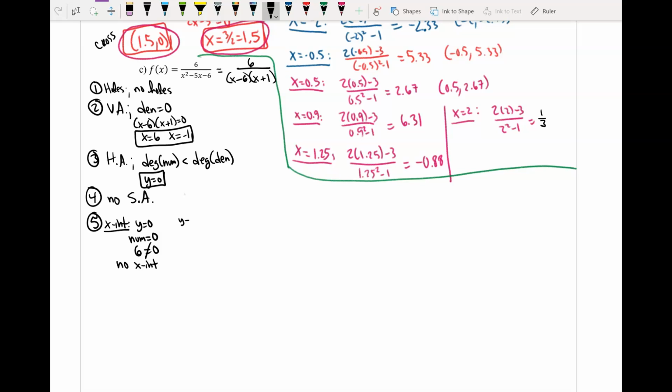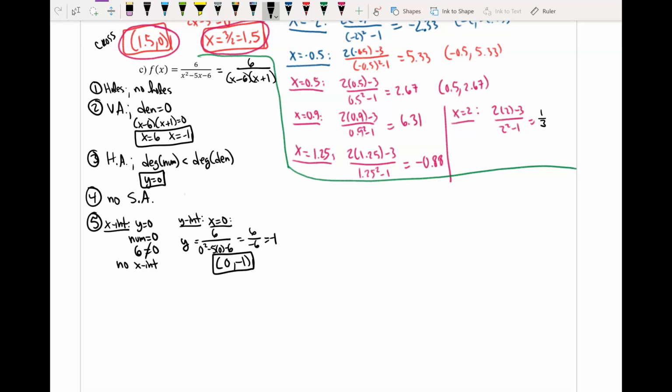And then for the y-intercept, we're going to set x equal to 0. So we're going to get 6 over 0 squared minus 5 times 0 minus 6. So you're going to get 6 divided by negative 6, which is equal to negative 1. So this will cross the y-axis at (0, negative 1).